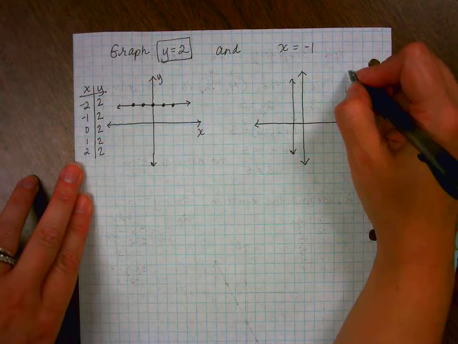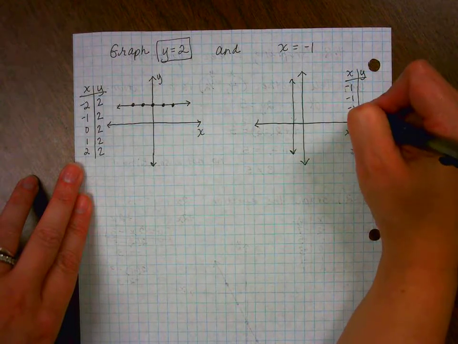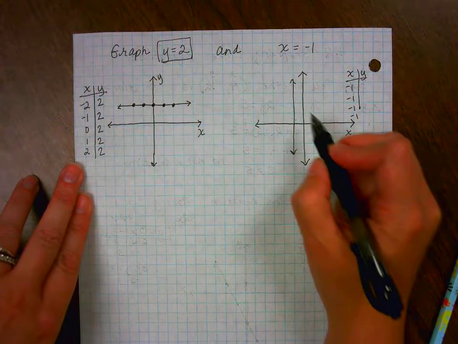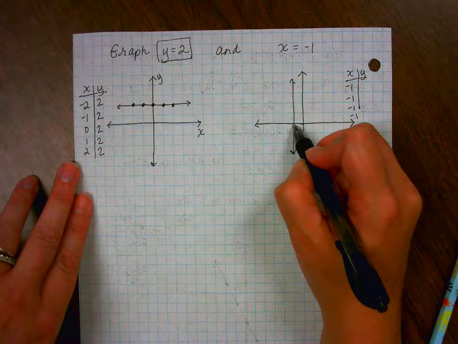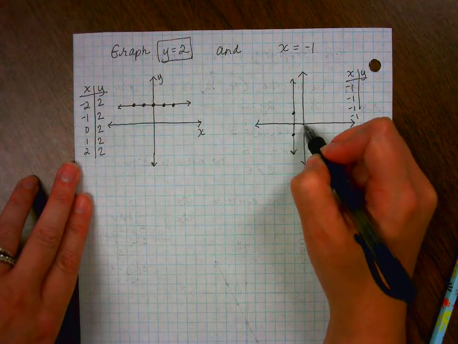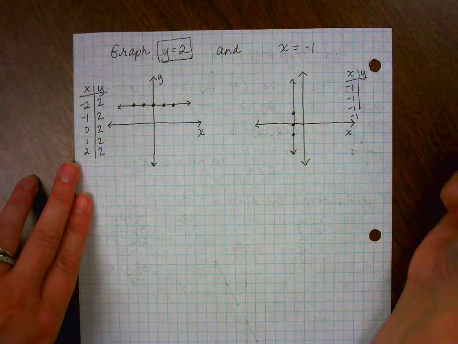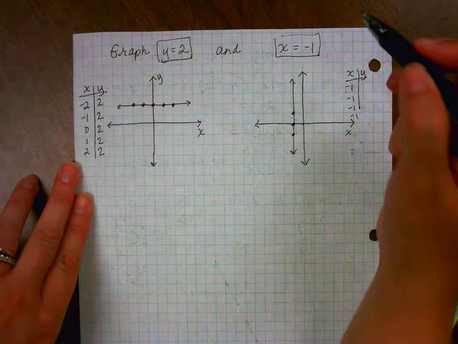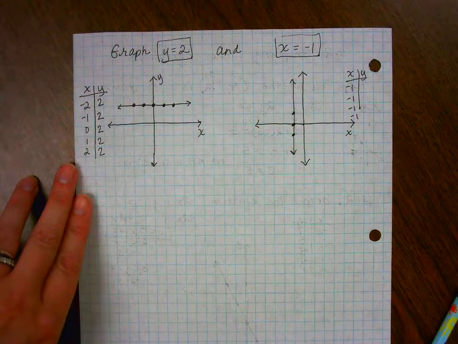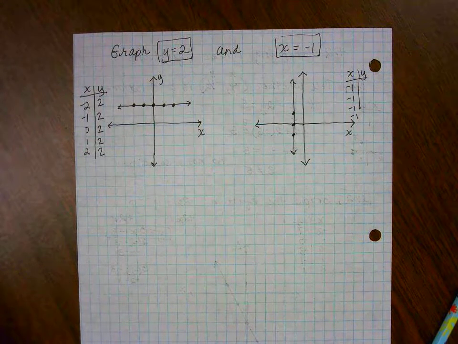Because what this means is if I had a table, all of the x's have to be -1. So every time I go over -1 and I might go up, or I go over -1 and I might go down, or I might go over -1 and go nowhere, but they're all going to line up here. And that would be anything that's just an x equals. So those are very special lines that come up too. Okay? Any questions about any of that we just went over? No?